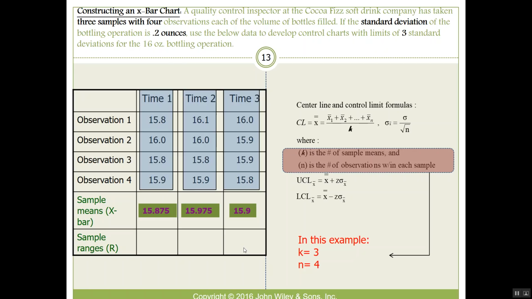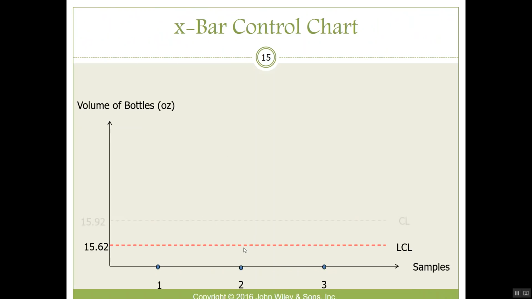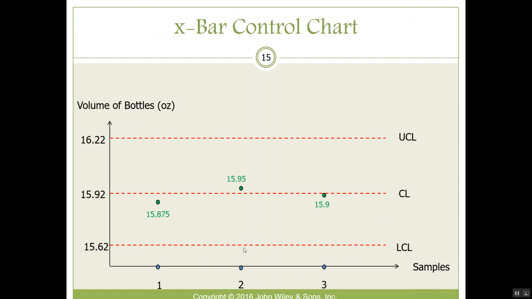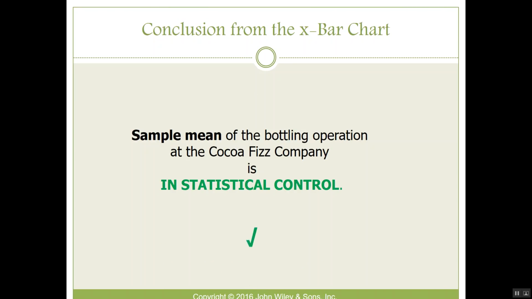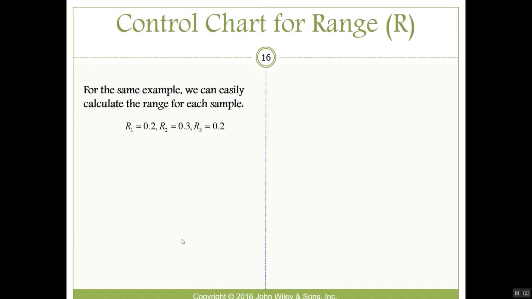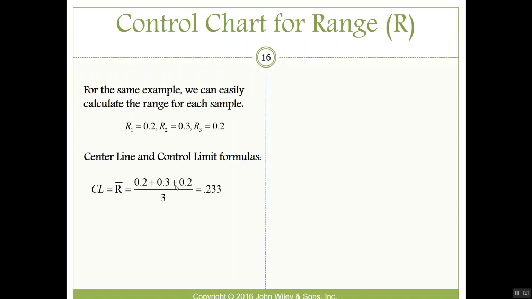So those are the values that we have for our chart. Next, the formulas that we need for CL, UCL, and LCL. So CL is simply R bar, which is the average of these three numbers, so divided by k, 3, that's 0.233.